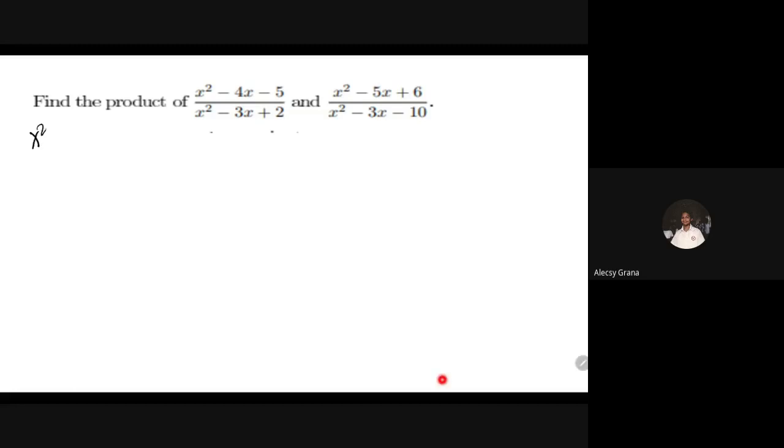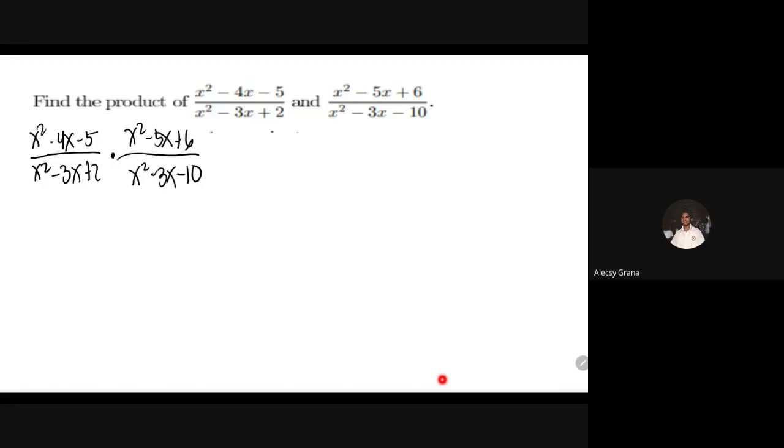So there are a lot of prerequisite lessons in solving this problem. There must be a clear understanding of the lesson ng factoring. So we have to factor each of the polynomials here for us to solve.